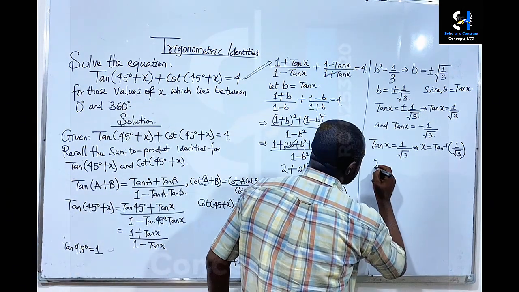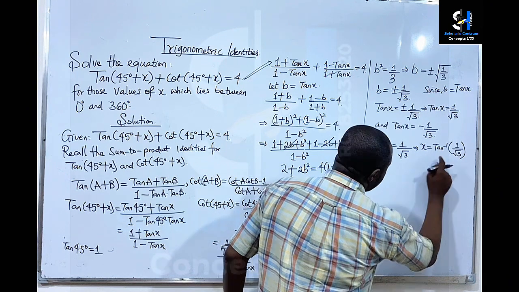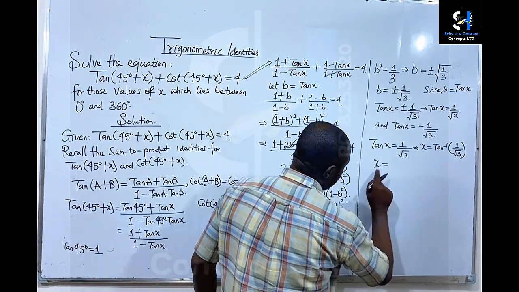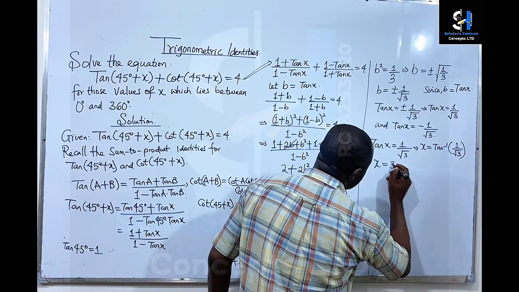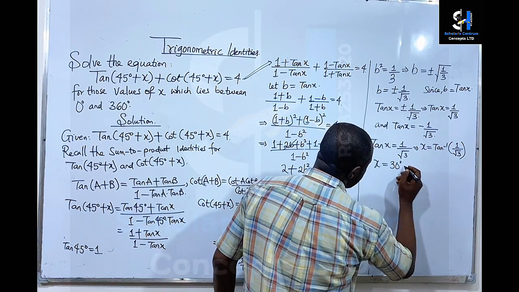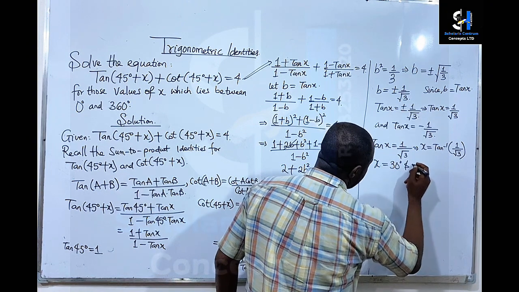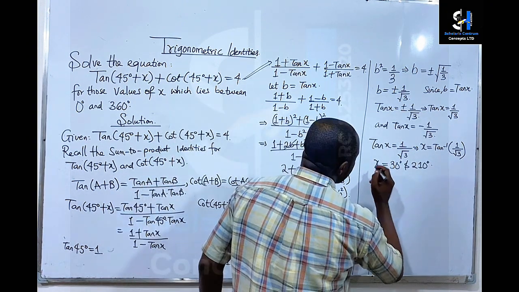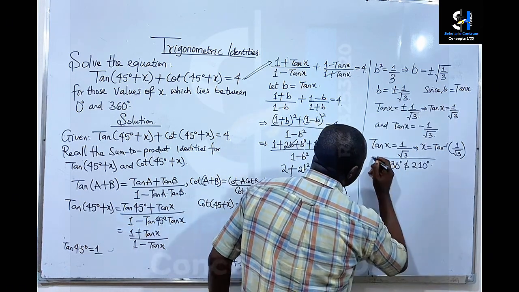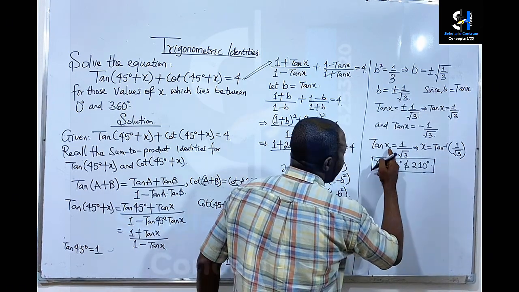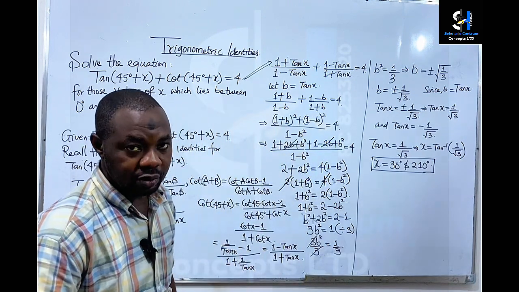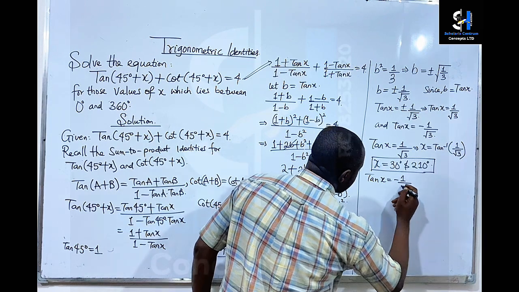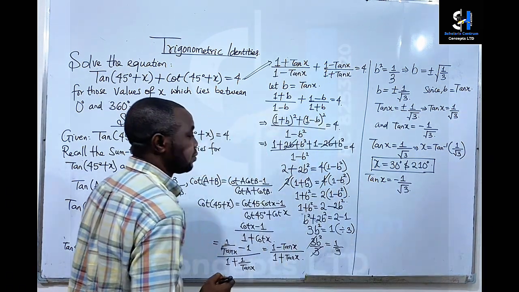So in this case we're going to have two angles for the first values of x. The first angle will be 30 degrees. x will be equal to 30 degrees and 210 degrees. So this is when we have tan x equals 1 over root 3. Then also we have tan x equals negative 1 over root 3.